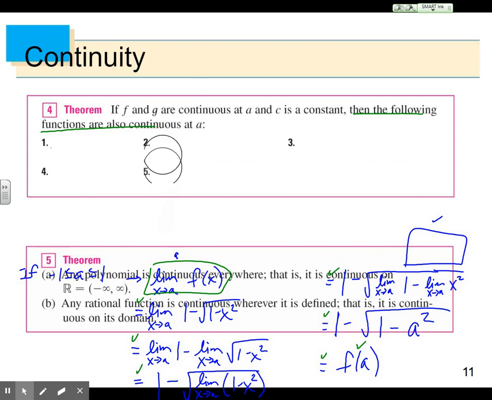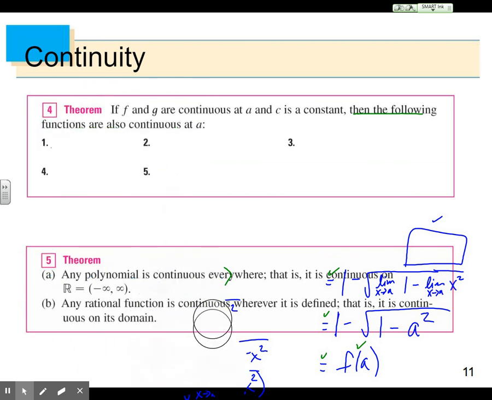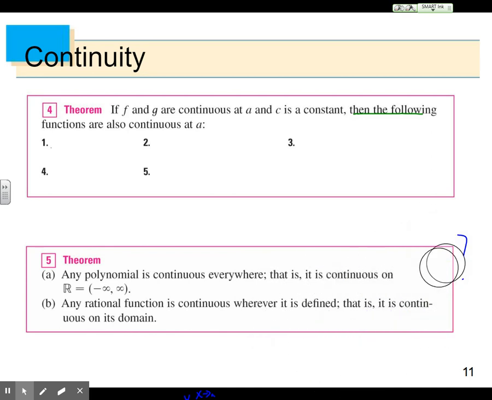Some other things that work for continuity. If f and g are continuous at A and c is a constant, then the following functions are also continuous. It's pretty much going to be all of my operations of functions.